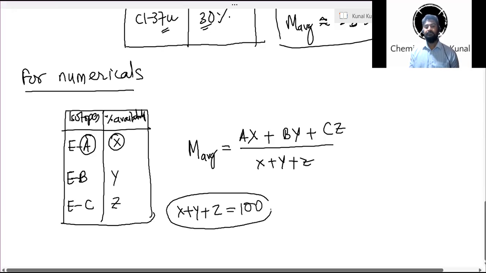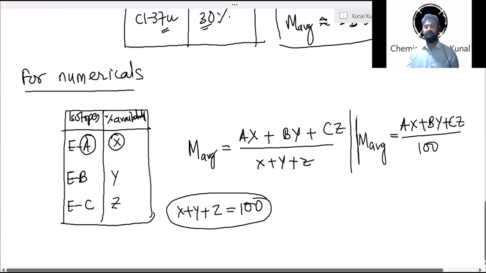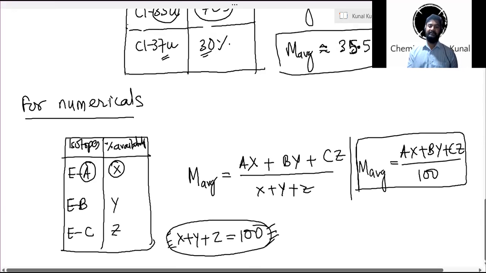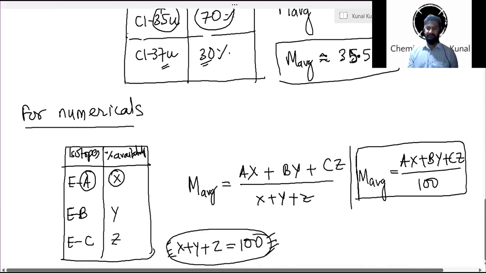So the mass average can be calculated by the formula (AX + BY + CZ)/100. Using this formula, you can do any numerical. That is how we can find the average mass.